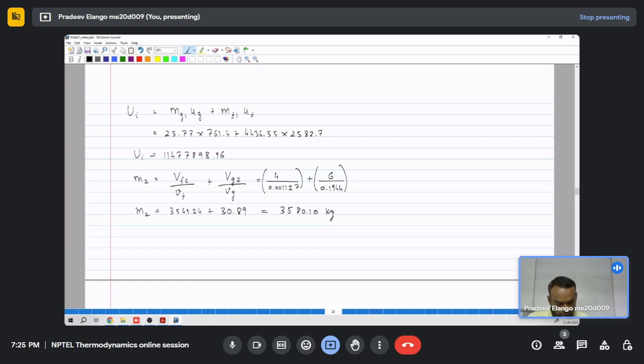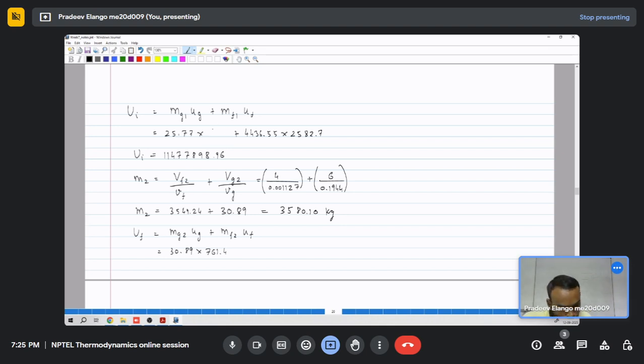Now we can calculate U final, again with the same formula, mg2 ug2 plus mf2 uf2. mg2 is 30.89 into ug2, 761.4. I think we made some mistake. The UG is the one with the higher value, right?